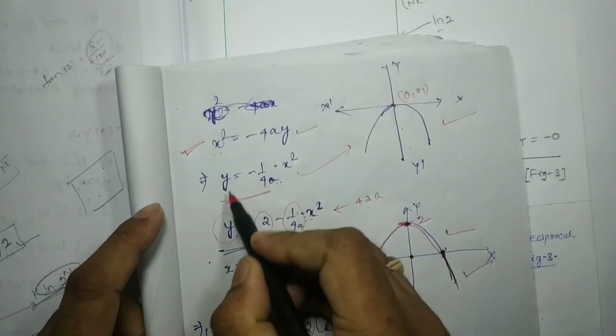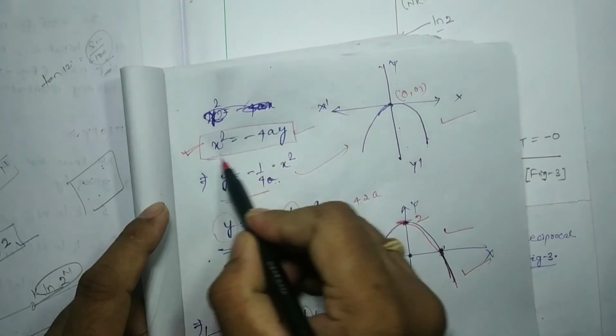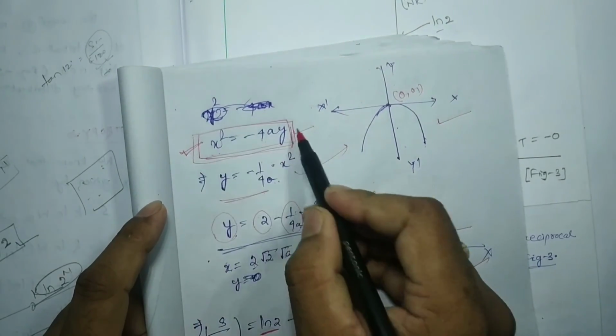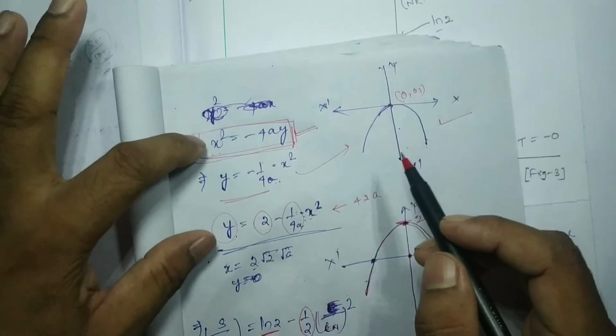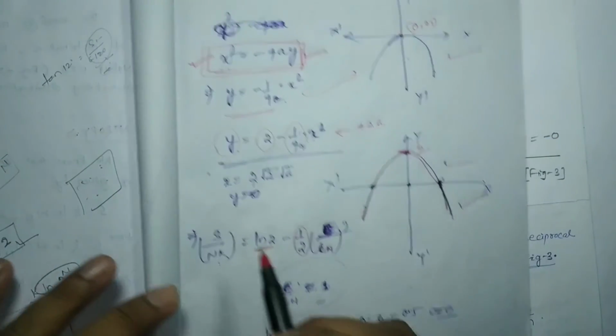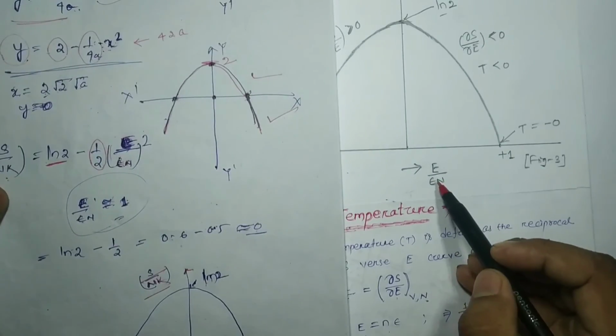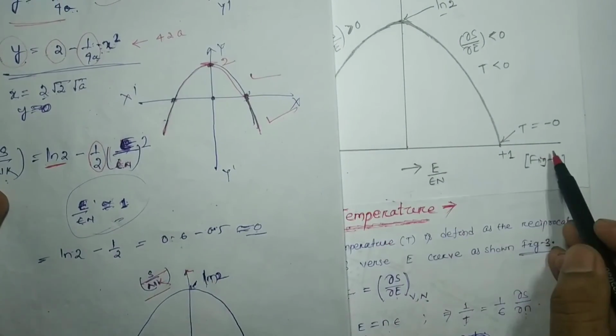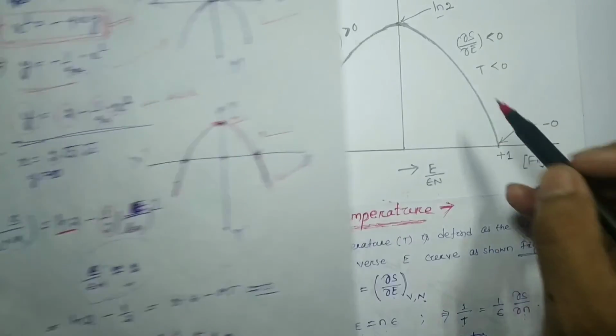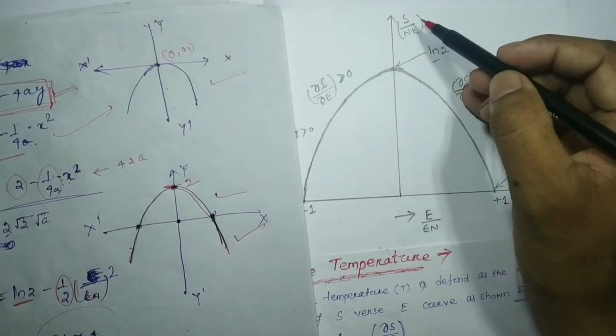See, this equation we have already studied in detail in our plus 2. So from this equation I derived. Along x-axis I have considered E by epsilon n, and along y-axis I have considered S by nk.